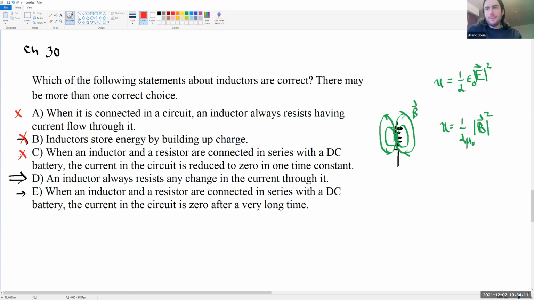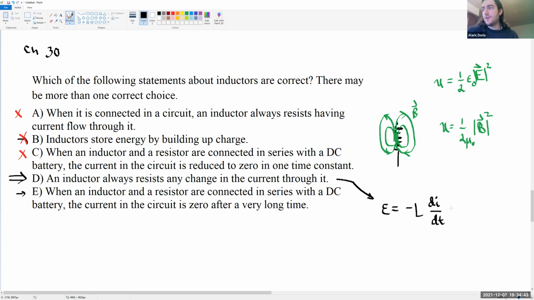Okay, D was pretty popular here. An inductor always resists any change in the current through it. I would agree with this. And the way it resists is by Faraday's law, right? So Faraday's law is minus L di/dt, right? So any change in current over time is resisted by the inductor, and the resistance is due to that minus sign.